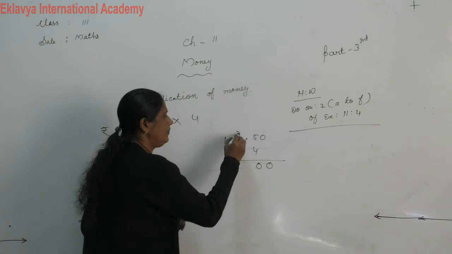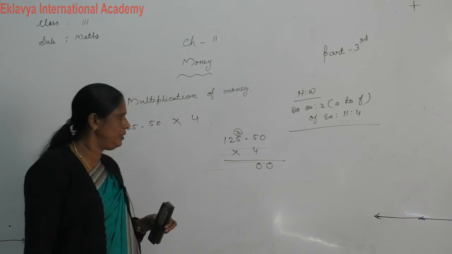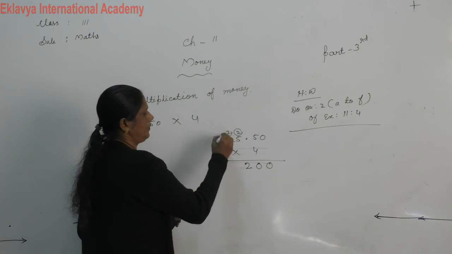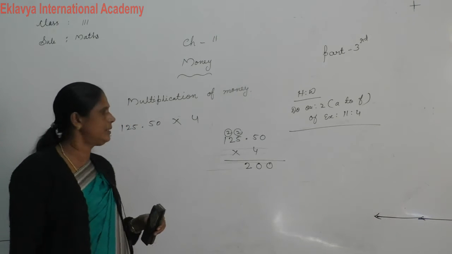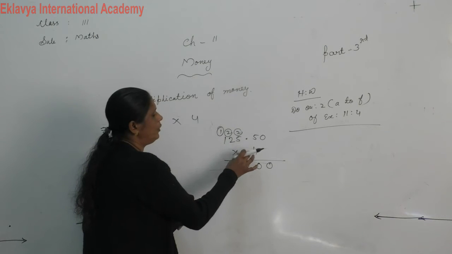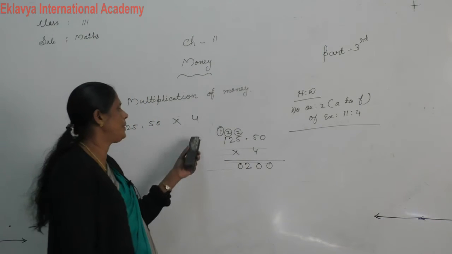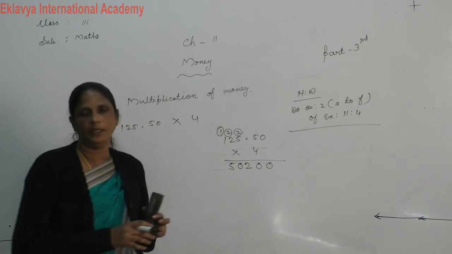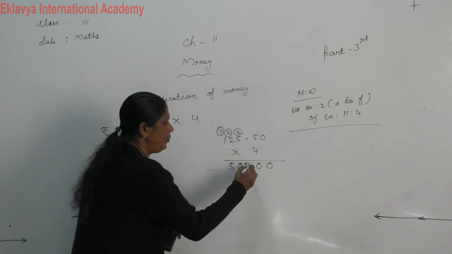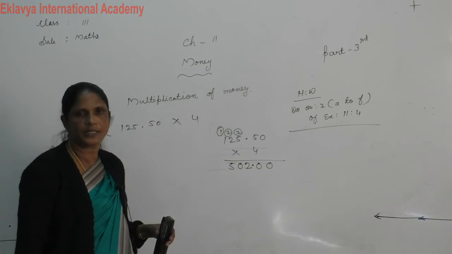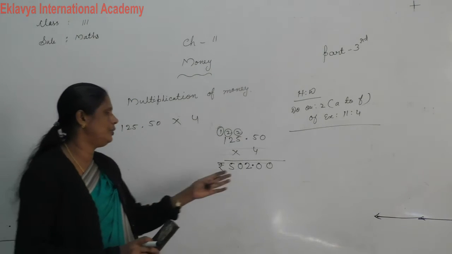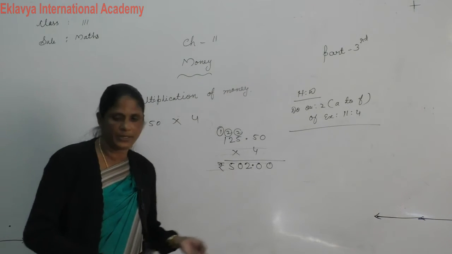Then carrying 2. 4 times 5 is 20, 20 plus 2 is 22. Then 4 times 2 is 8, 8 plus 2 is 10. Carrying 1. 4 times 1 is 4, 4 plus 1 is 5. Then how many digits do we remove? 2. Here you put a dot. Understand? Then our answer is 502.00. There is 0, 0 in paise.